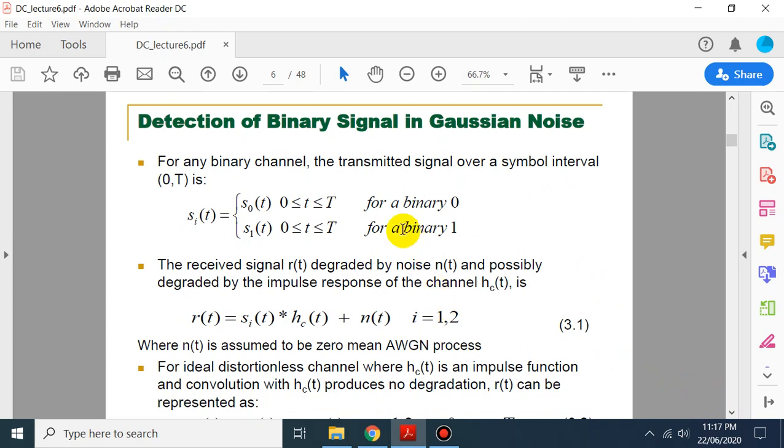For example, for any binary channel, the transmitted signal over a symbol interval 0 to T, please remember that the received waveform we are using is in terms of a symbol.